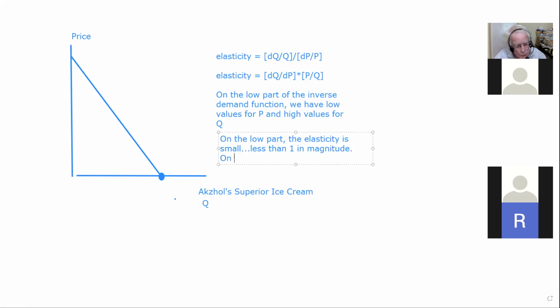On the other hand, on the high part of the function, we have high values for price and low values for quantity.